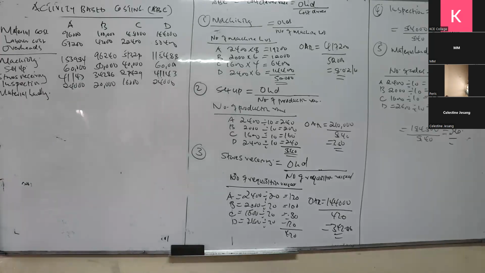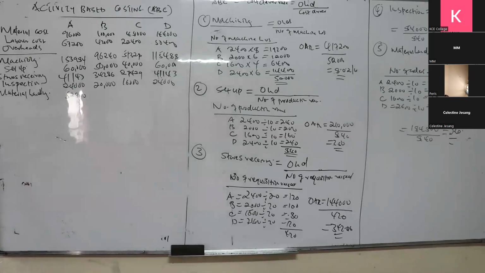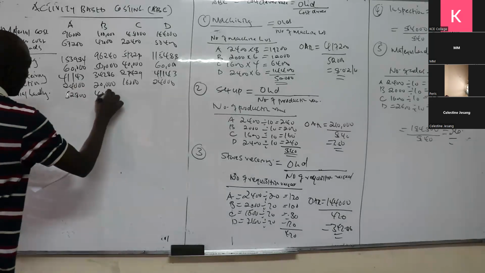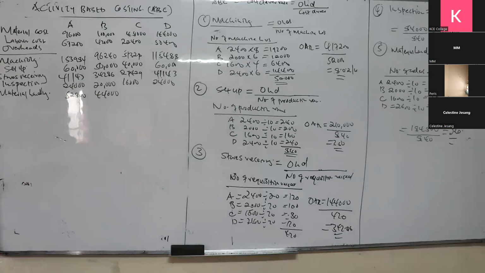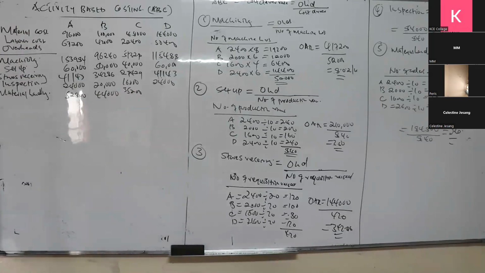What do you get? 52,800. Next, 35,200. And lastly, the last one.